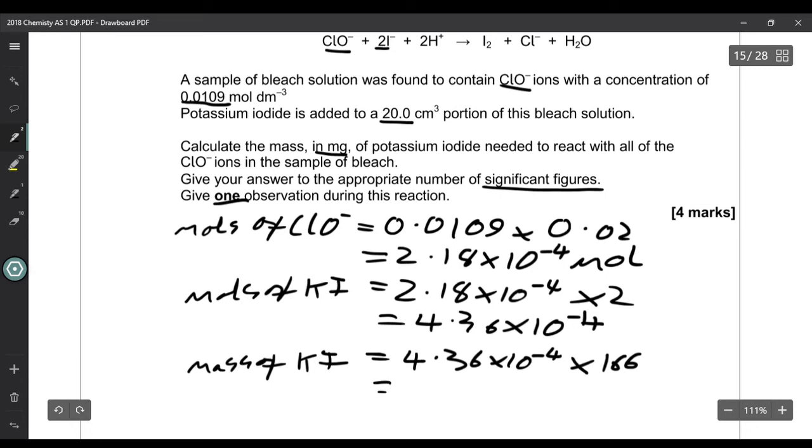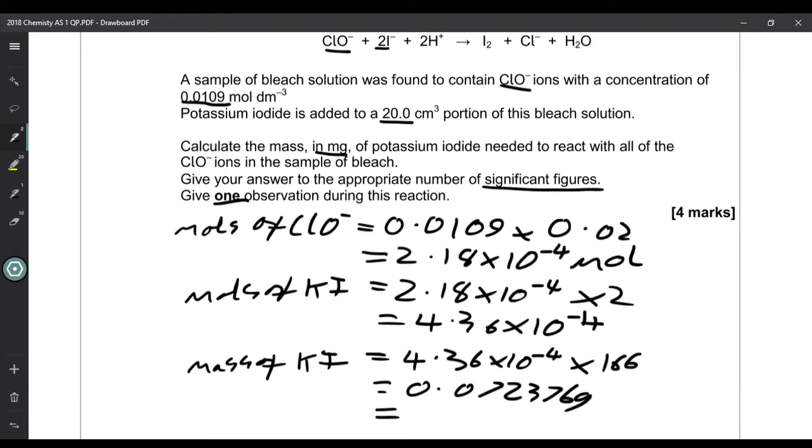And so that gives us a value of 0.072376 grams. We've been asked to give the answer in milligrams, so we just need to multiply this answer by 1,000, which will give us 72.4 milligrams.